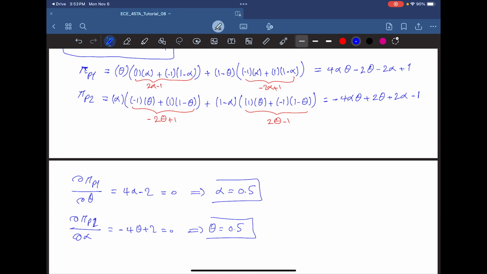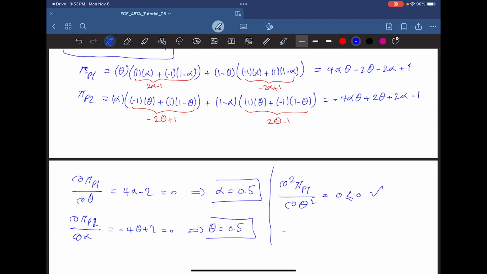Also, we need to check to see if these points are a maximum value. In order to check that, we need to see if the second derivatives are less than or equal to 0. The second partial derivative of P1 with respect to theta is equal to 0, which is less than or equal to 0.